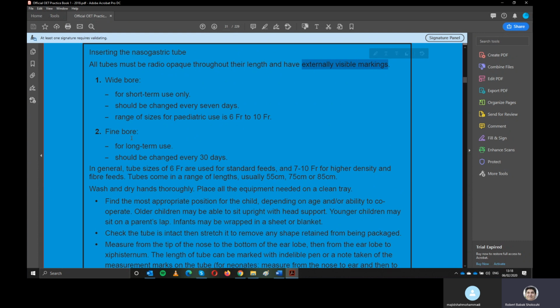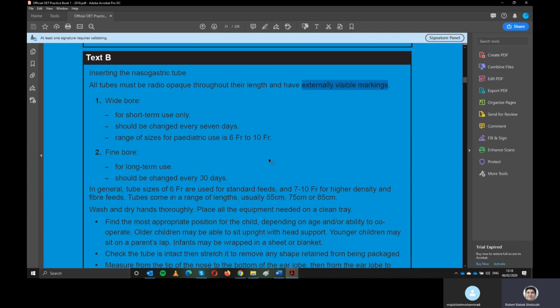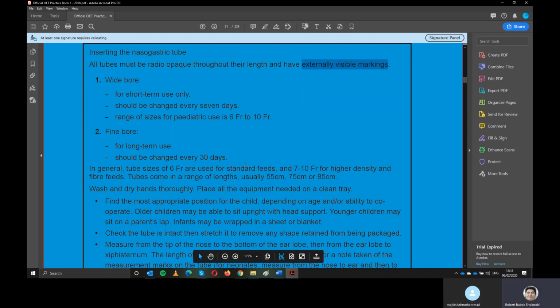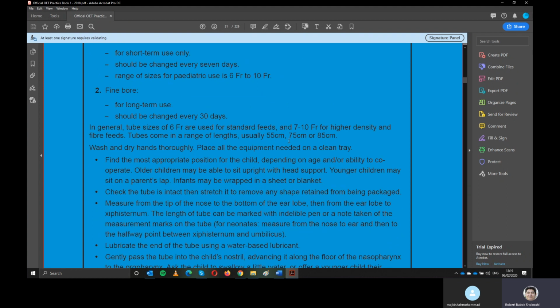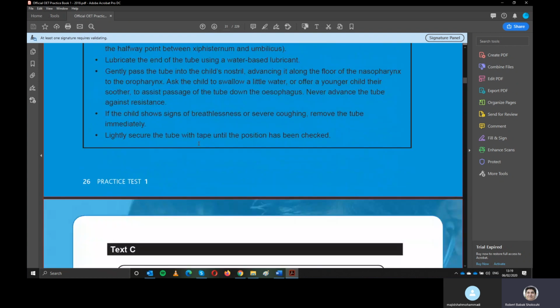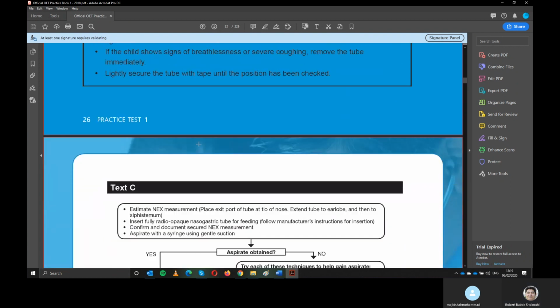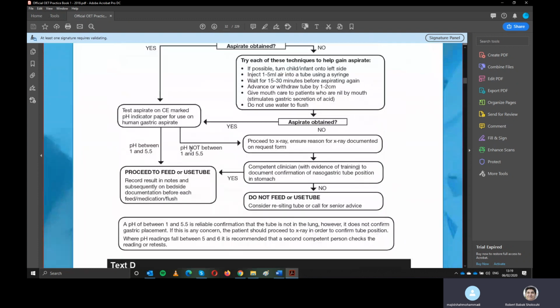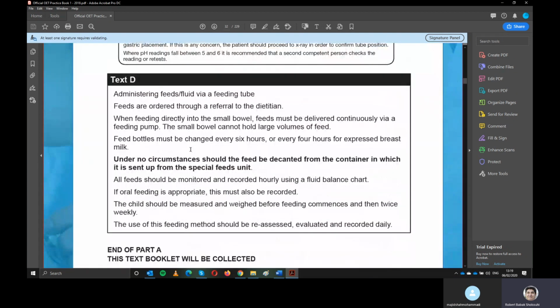So one of the questions we saw was this one. It was B. Remember that? Externally visible marking. So alternative to this, alternatives, this is the procedure, and this is not, and then this one.